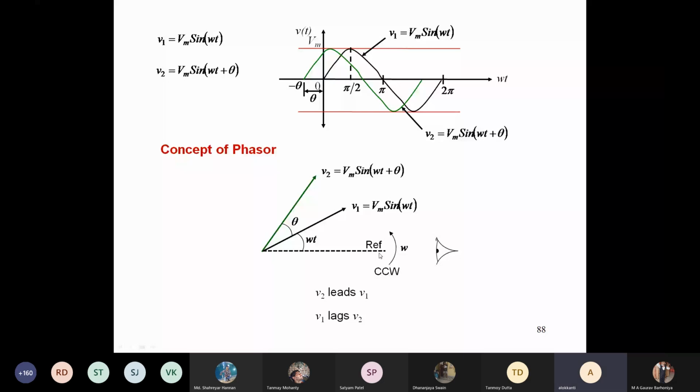If your eye is placed here, the one which you see first is leading. So V2 leads V1, or V1 lags V2. This is the concept of phasor, and it is going to come now because electrical quantities, whether voltage or currents, will be sinusoidal functions of time.